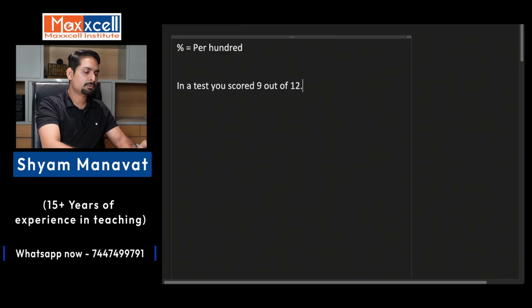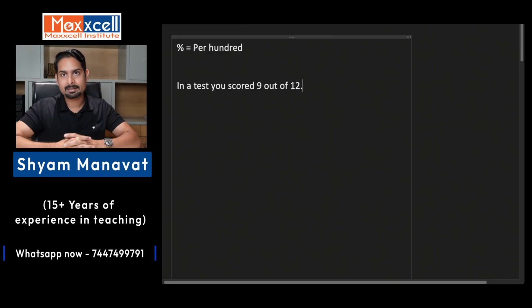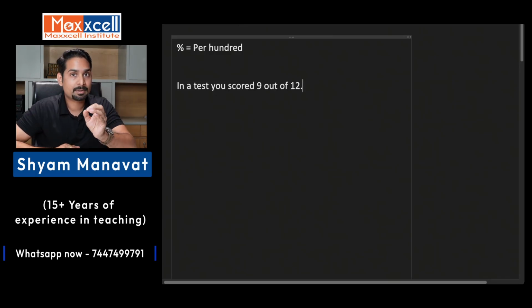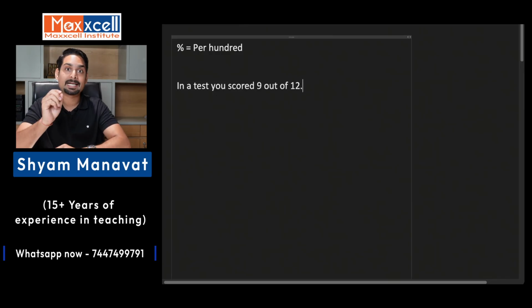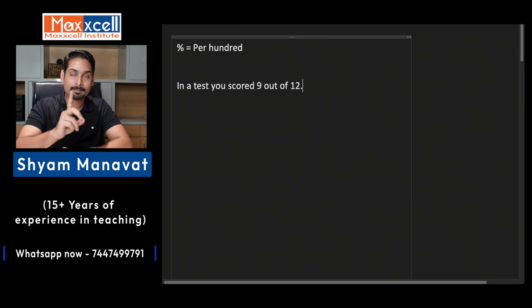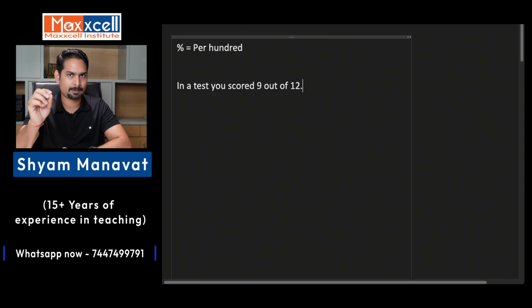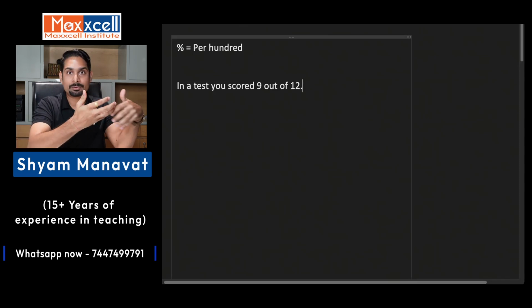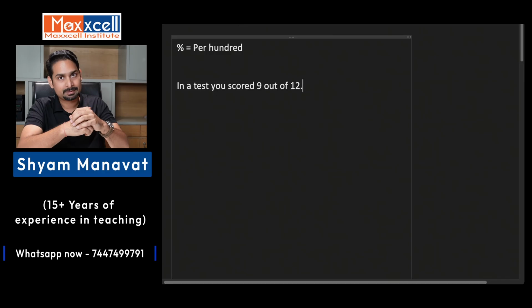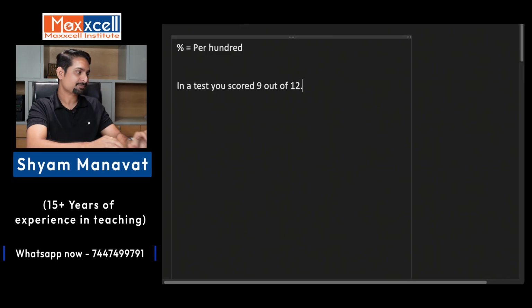Alright. So now as we understand, percent means per 100. If I convert this score of 9 on a scale of 100, the value which I'll get, that will be percent. Later I'll tell you where else we use percentage and why we use percent in our routine life.